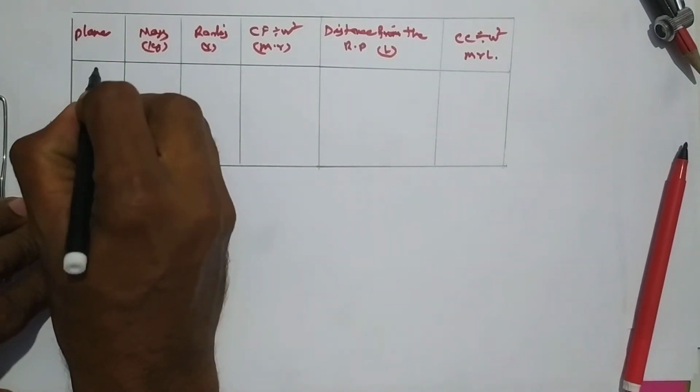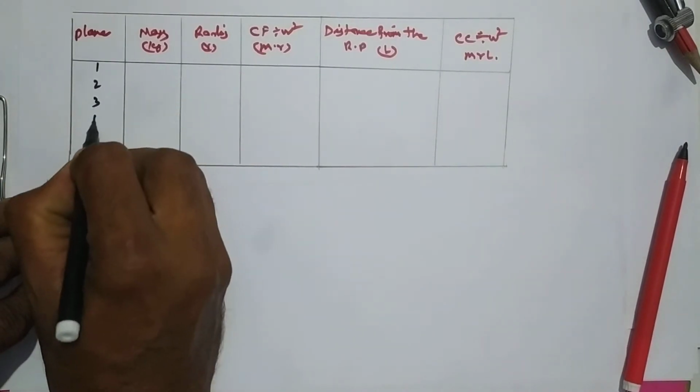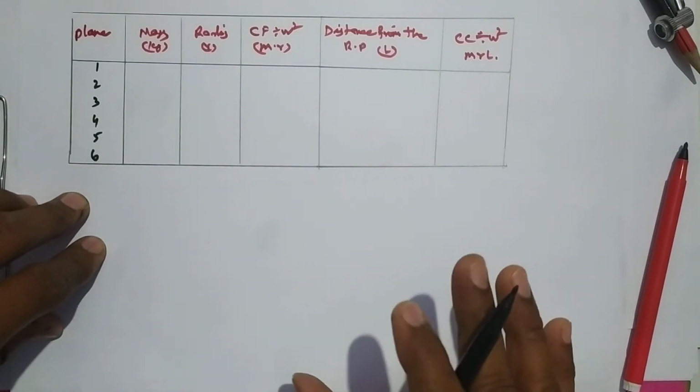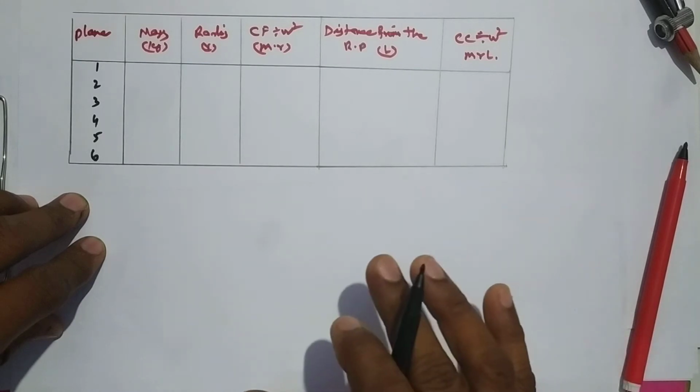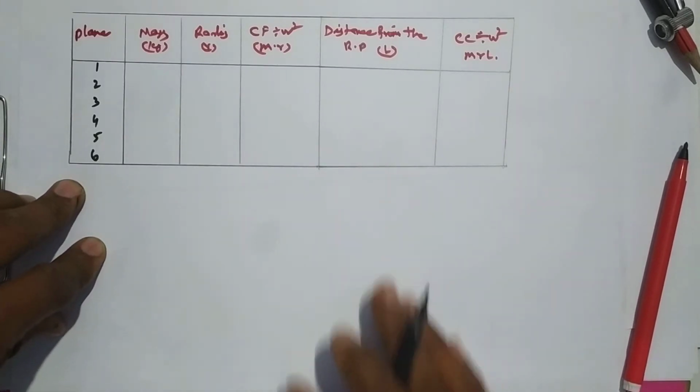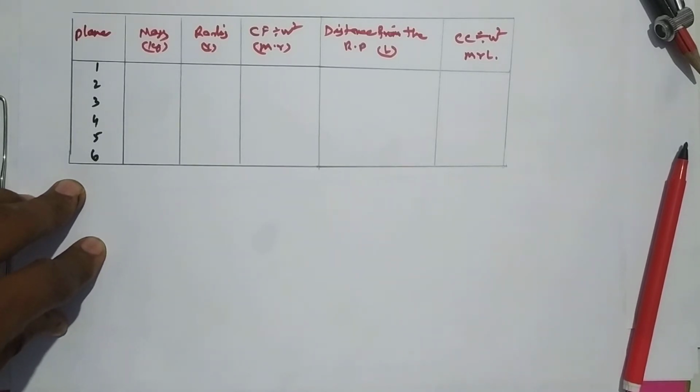Okay, now we write the planes 1, 2, 3, 4, 5 and 6, and the mass. If you want to draw the secondary couple and force polygon, you should take only the 200 mm mass. So what is the 200 mm mass? It is nothing but the reciprocating mass, you should take it only.